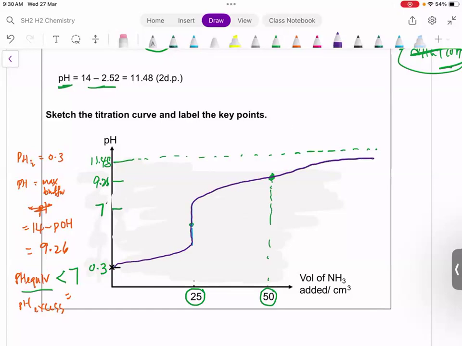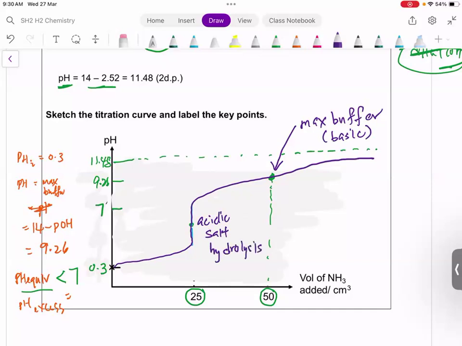Okay, so you need to indicate this is the max buffer.